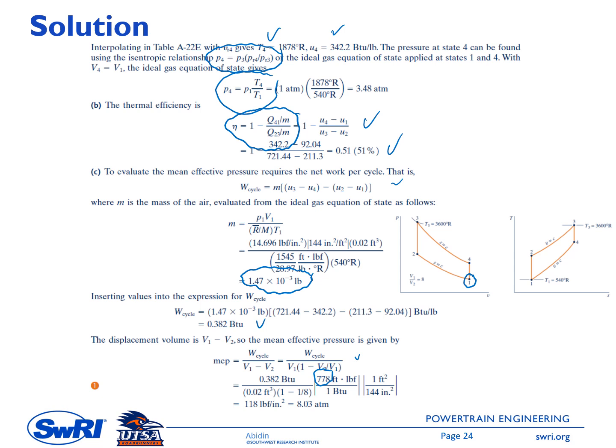One is to convert the unit from BTU to foot pound force, so multiply by 778. The second one is the conversion between square feet and square inch. Okay, so you will get the MEP of 8.03 atmosphere.